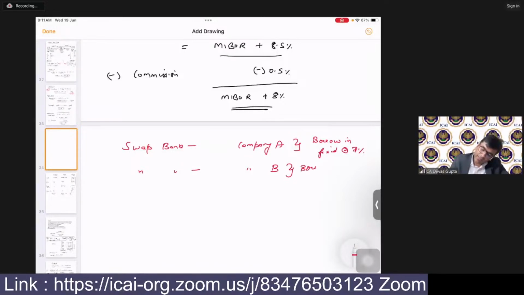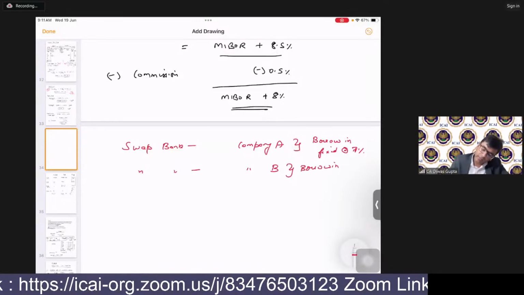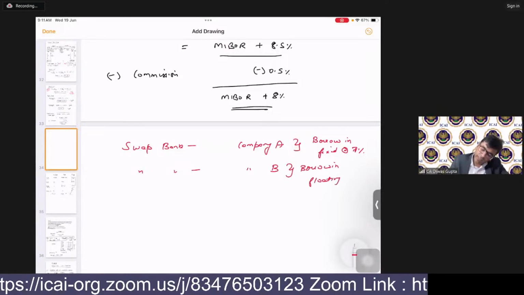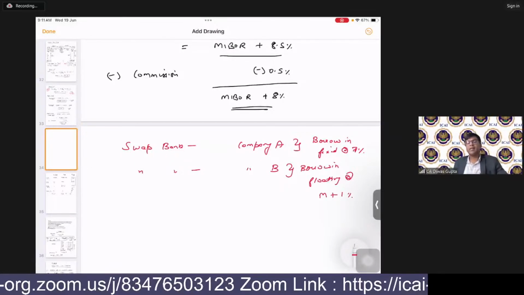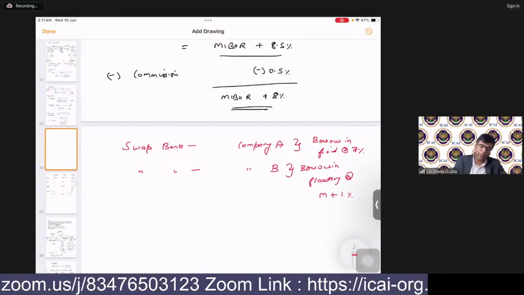And company B, it will say borrow in floating at the rate MIBOR plus 1%. Clear? This is the actual outcome of swap bank.